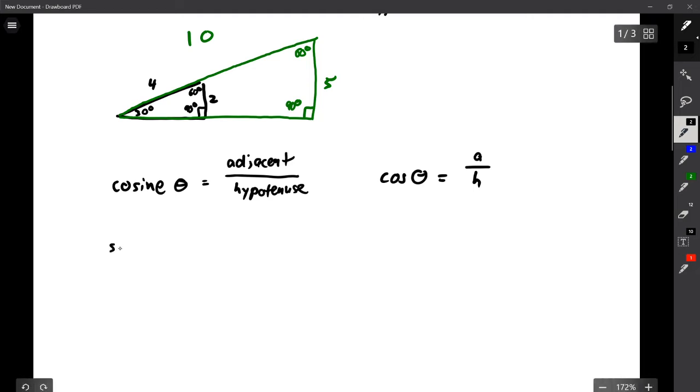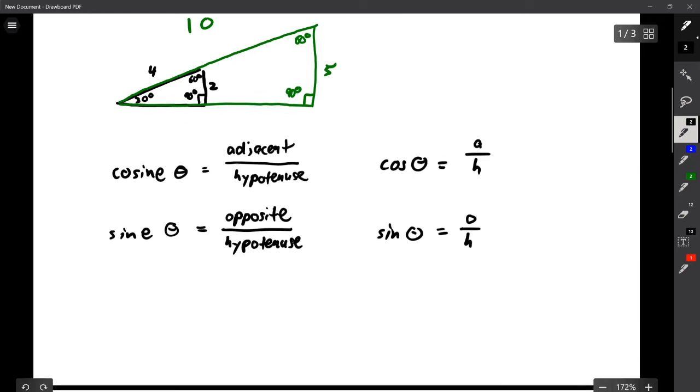And then the sine, which the full version is spelled out like that, sine of theta is the length of the opposite side divided by the length of the hypotenuse, which the abbreviated form looks like sin, but we still pronounce it sine, opposite over hypotenuse.